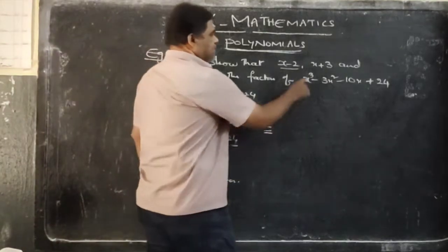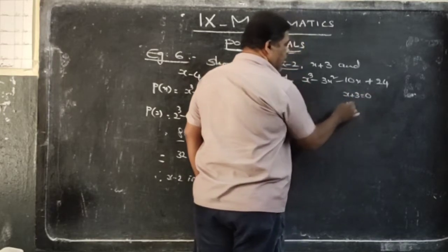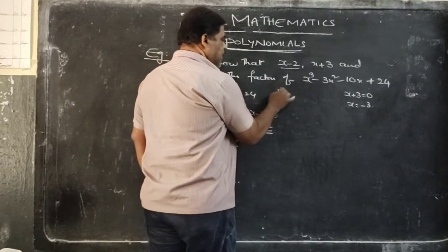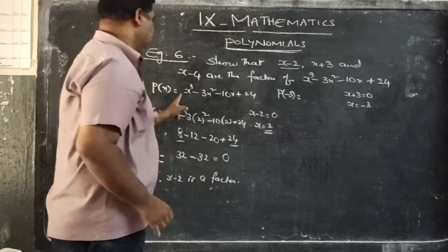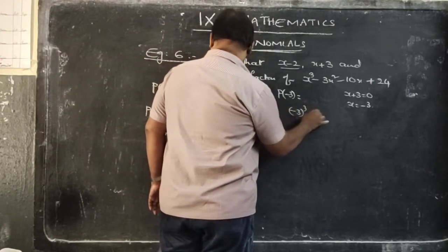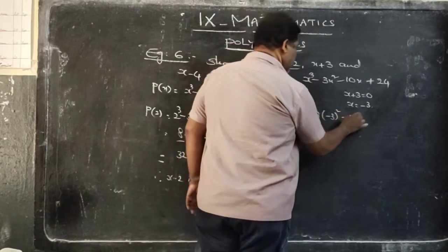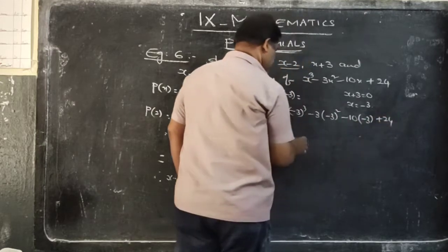Now to check whether x plus 3 is a factor, first equate x plus 3 to 0 and find the x value. The x value we got is minus 3. That x value we substitute in the given polynomial. Here, substitute x is equal to minus 3. Minus 3 cube, minus 3 into minus 3 square, minus 10 into minus 3, plus 24.